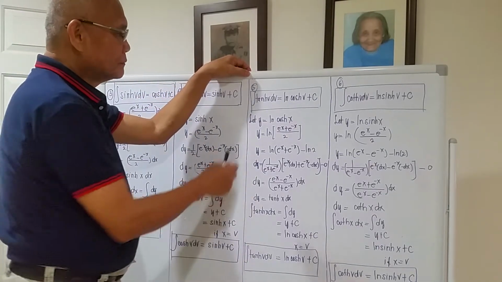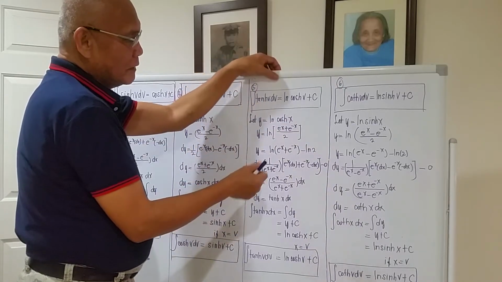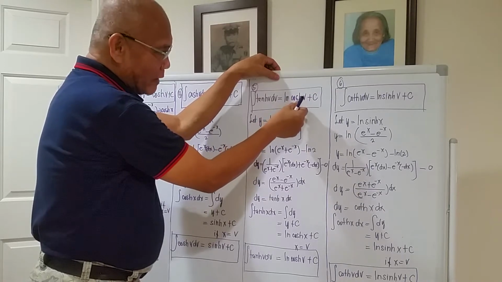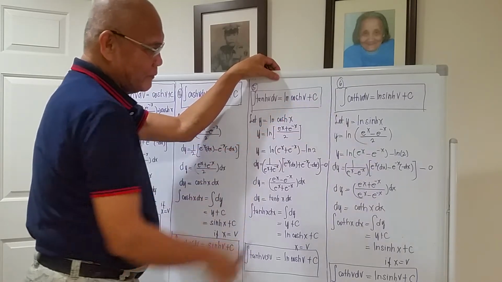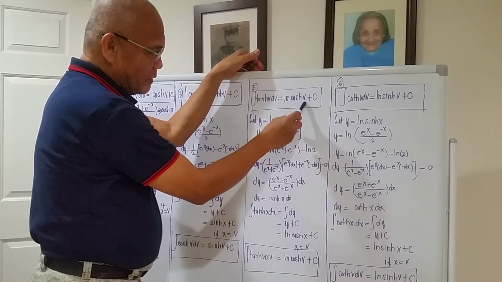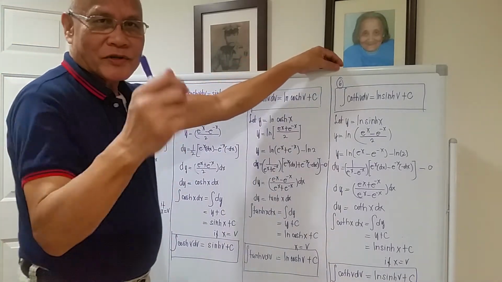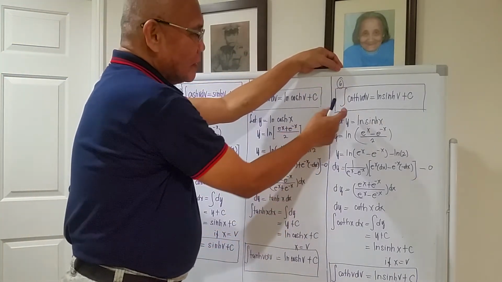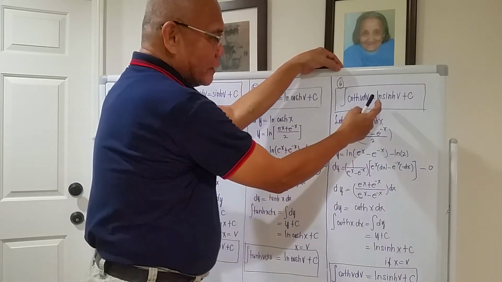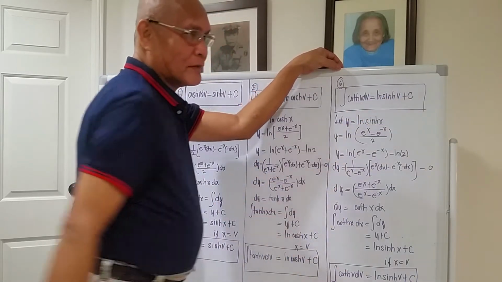Number 5, the integral of hyperbolic tangent of b db equal to natural logarithm of hyperbolic cosine of b plus c. That's number 5. Number 6, the integral of hyperbolic cotangent of b db equal to the natural logarithm of hyperbolic sine of b plus c.